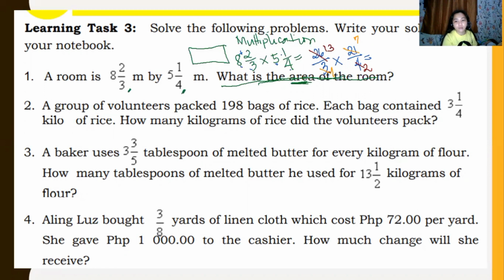Now, we can now multiply. So, we have 13 times 7 is 91. And 1 times 2 is 2. So, what is the answer? 91 over 2, 45 and 1/2.